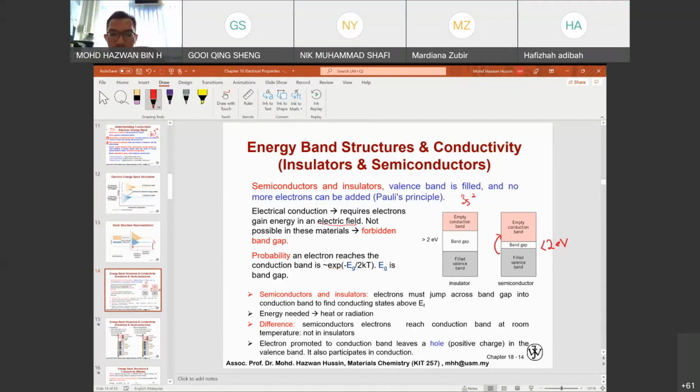Alright, so energy is needed in order to have promotion. It is either via heating or radiation. Radiation can cause some instability to the electron. Let's say you have a material that is already stable, with a filled valence band, and you expose it to some radiation, hν, for example from sunlight.